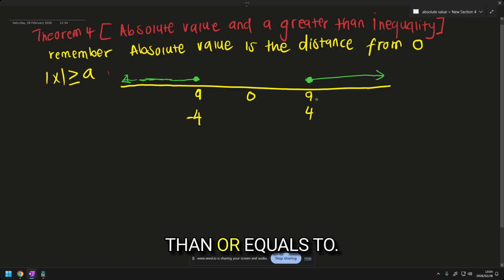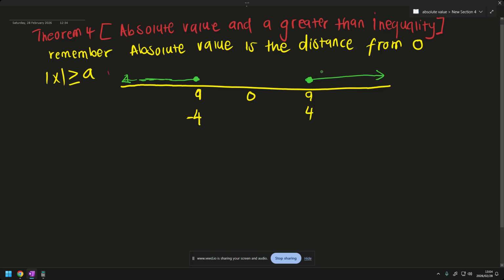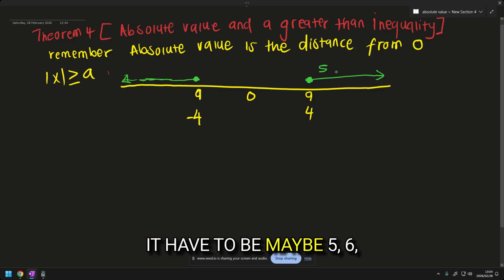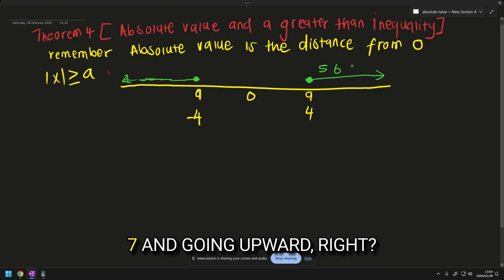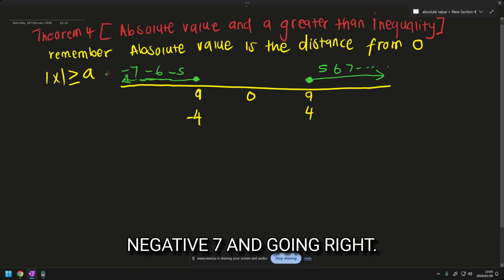Remember, is greater than or equals to. So that means our x there, it has to be maybe 5, 6, 7, and going upward, right? And then here it's gonna be negative 5, negative 6, negative 7, and going, right?